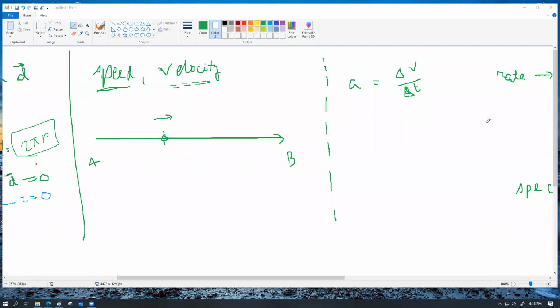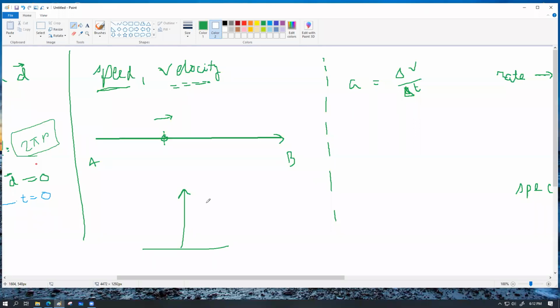Another thing that is really important for you to understand is the case where the object can possibly revert its direction. Now, for horizontal scenarios, this is not very common for us. It can actually happen, and I'll tell you in what kind of situation. But it is very common for vertically thrown objects upwards.